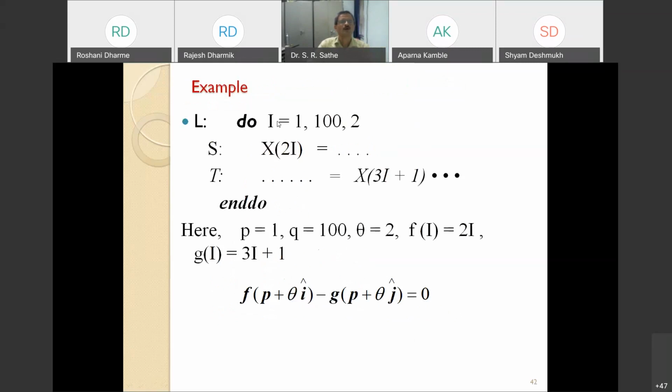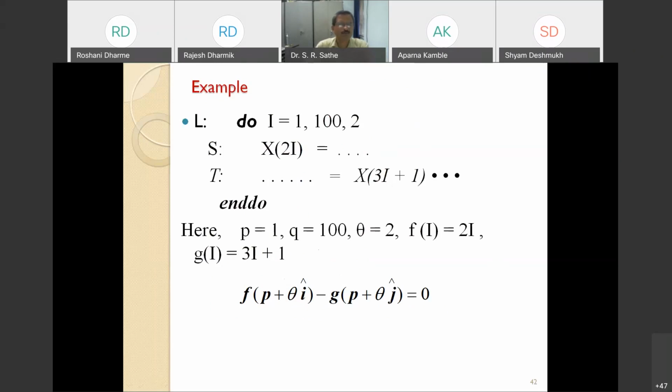So take an example. I is equal to 1 to 100 in steps of 2. So P is equal to 1, Q is equal to 100, theta is equal to 2. f of I is 2i and g of I is 3i plus 1. We want to know whether there are two iterations which refer to the same memory variable.